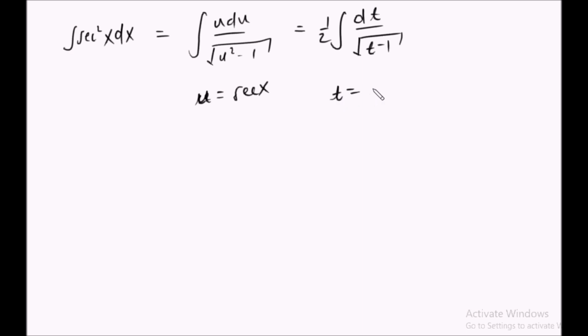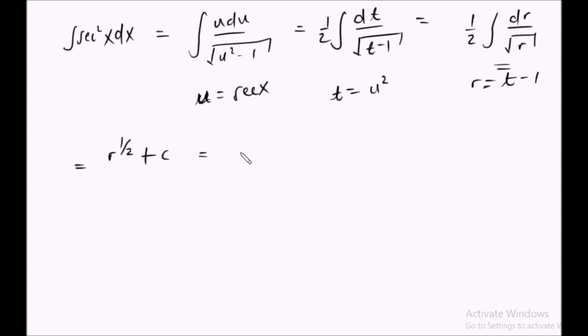So hapa nisema t sasa na u squared. So nikafanya r substitution nikaja kupata ni 1 over 2, so we had dr over the square root of r. So hapa nilisema r ni sawa na t minus 1. So nilivyosolve huyu nikaja kuona jibu ni sawa na r power 1 over 2 plus c.